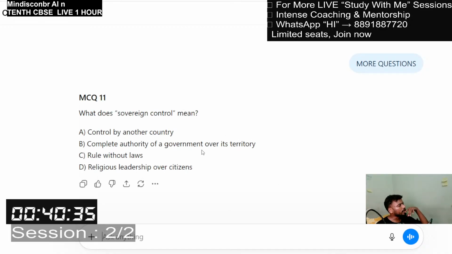What does sovereign control mean? Control by another country, complete authority of a government over its territory, rule without laws, religious leadership over citizens.